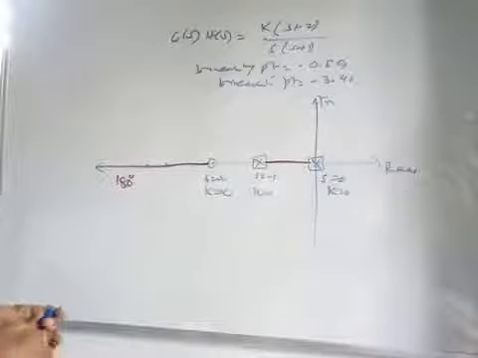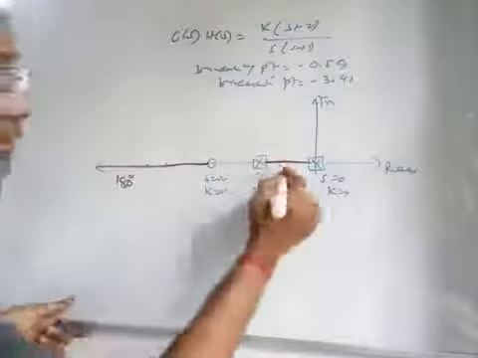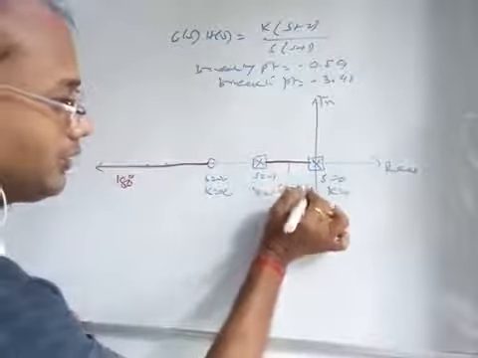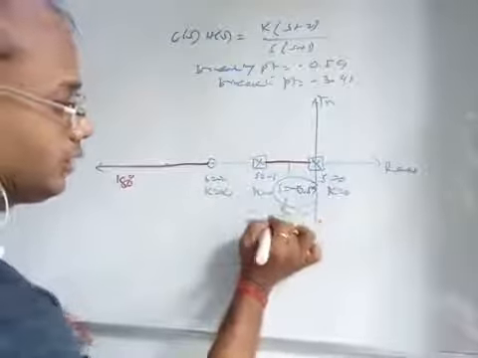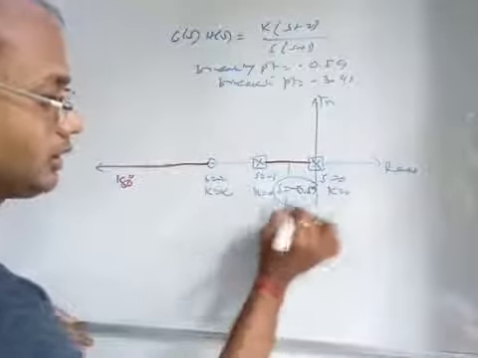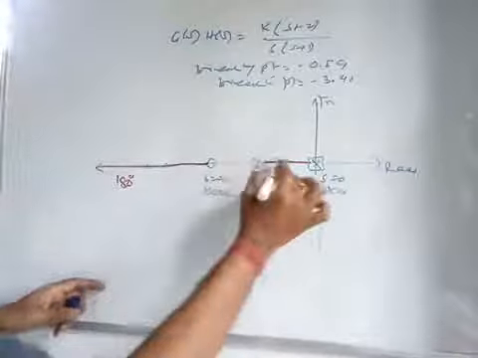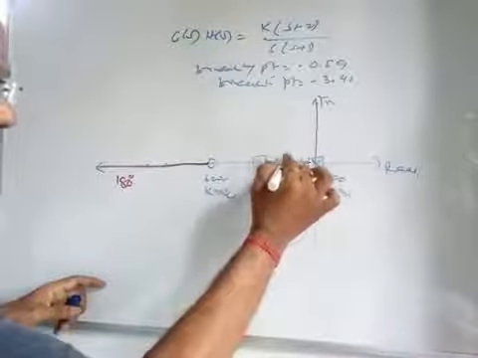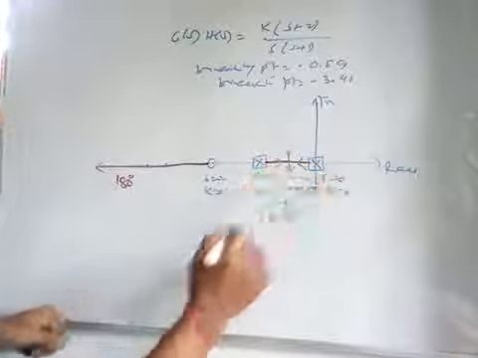You see, this point is s equal to -0.59, which is known as the breakaway point. Breakaway point means the poles are moving in these directions, and finally they are leaving the axis, right?